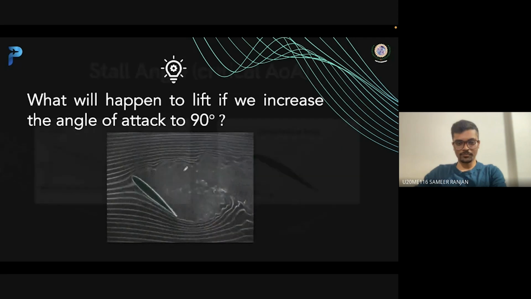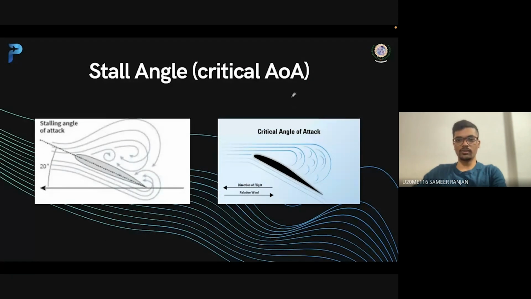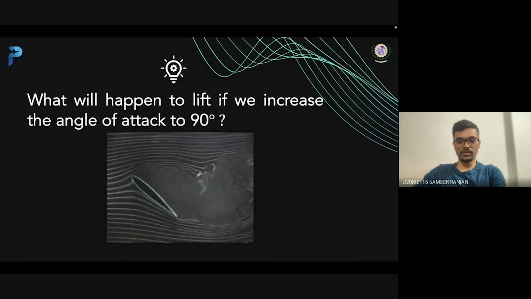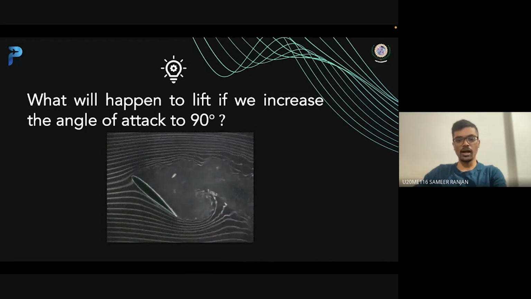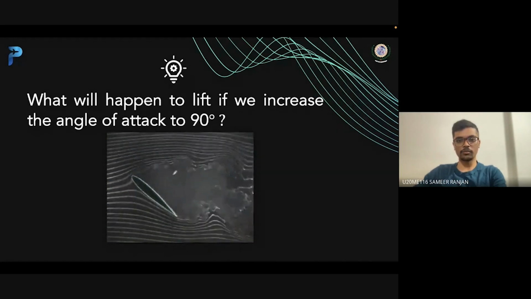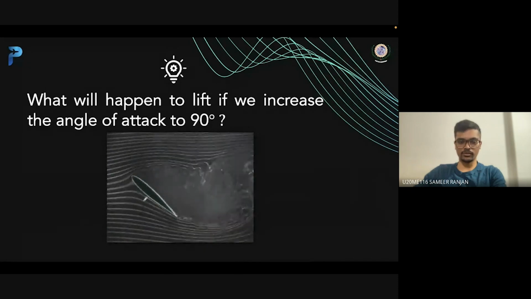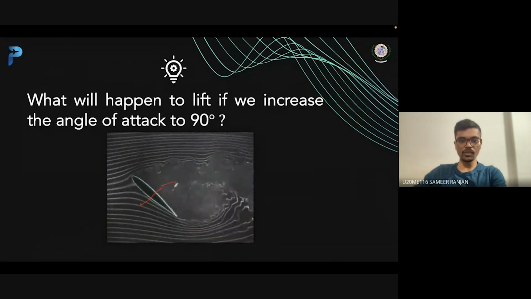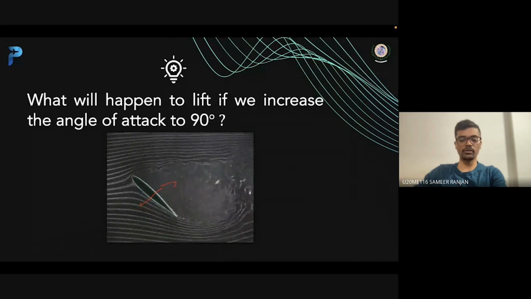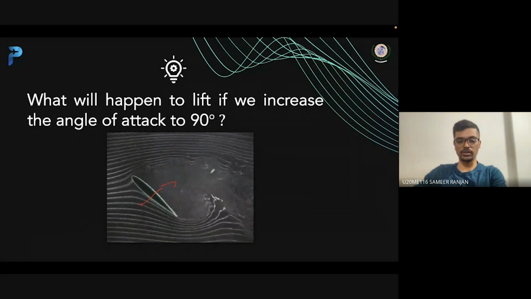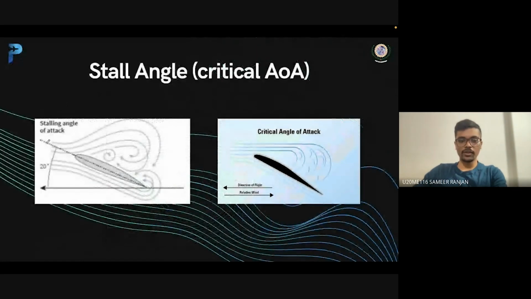Basically, as you can see in this GIF, there is an airflow separation from the upper surface of the wing, and hence turbulence is formed here, due to which it cannot generate lift force in this condition, and hence the aircraft comes under free fall. That is stall. Now, every airfoil has a particular stall angle.